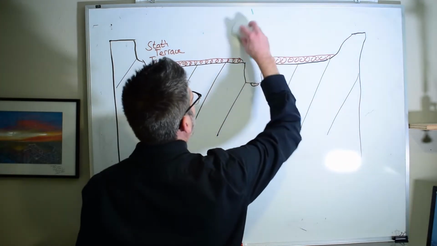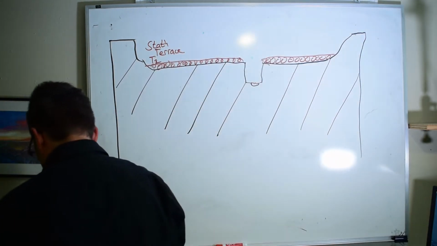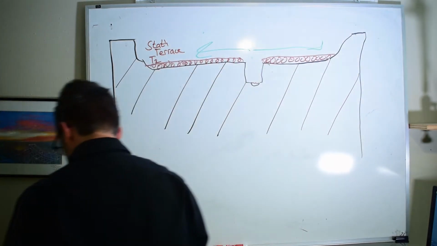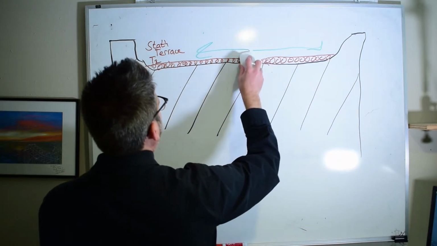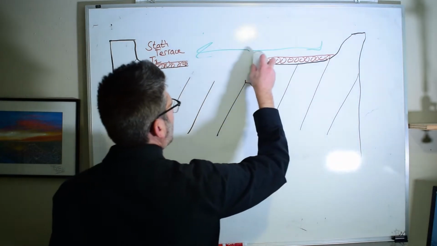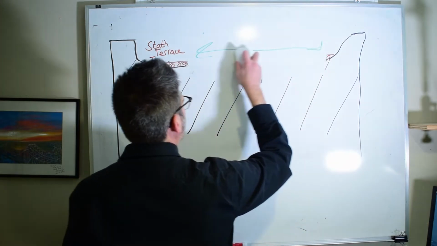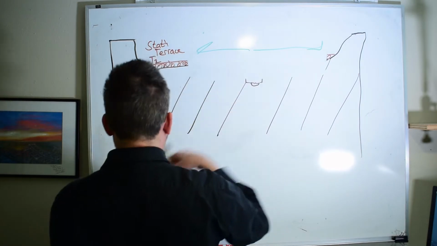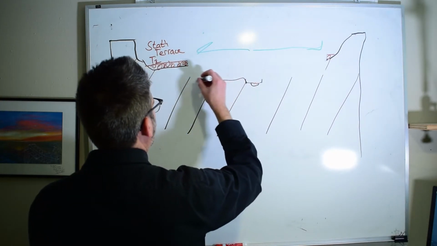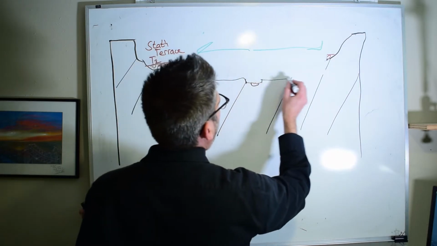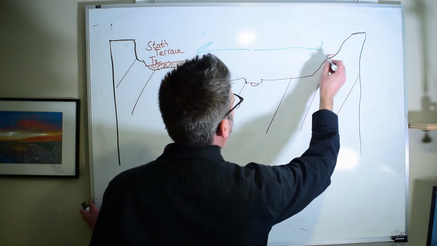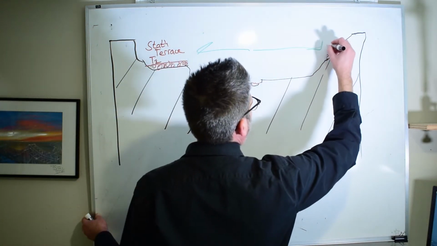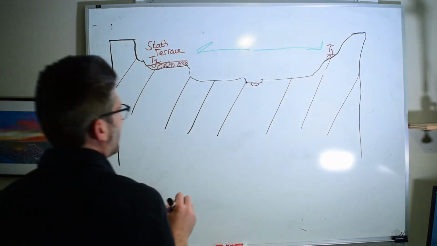Now let's say the river then goes through a period of widening. So it starts cutting back and forth again. And it cuts across here, like so. So we've just got a little hint of T1 on the other side of the valley there.